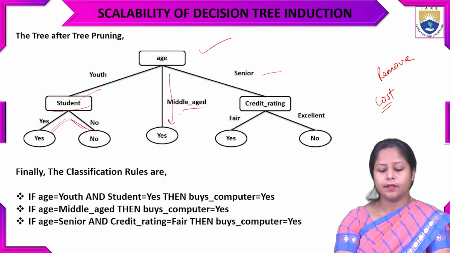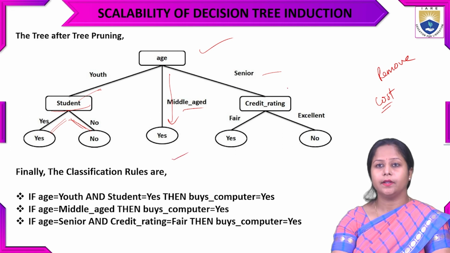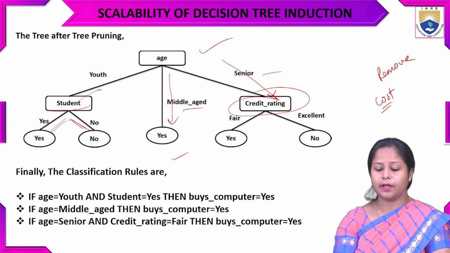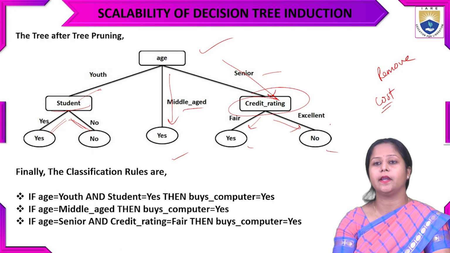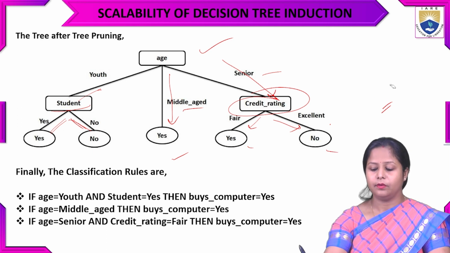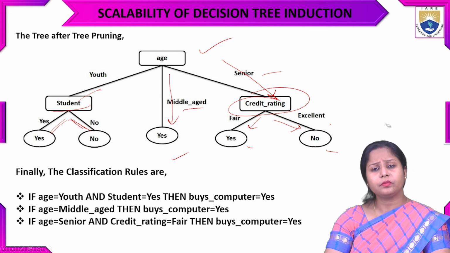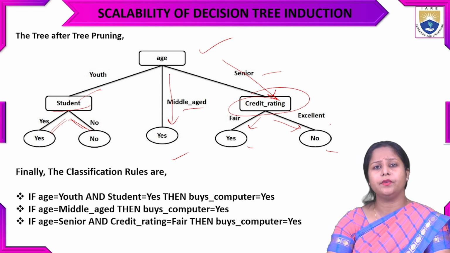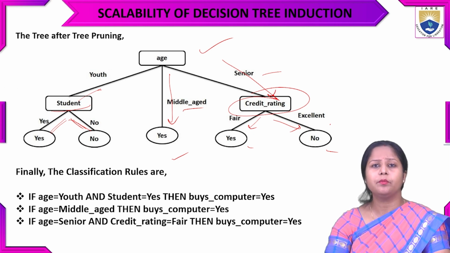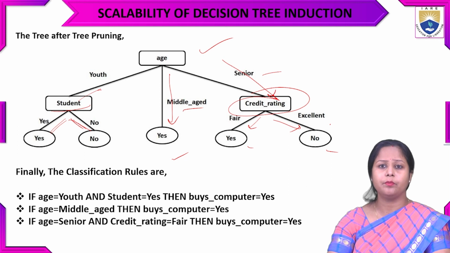In the middle aged, it is having the class yes. In the senior node, it is having the credit rating node, and then it is split into fair and excellent, as yes and no. So to reduce the cost, we have to apply the tree pruning method.